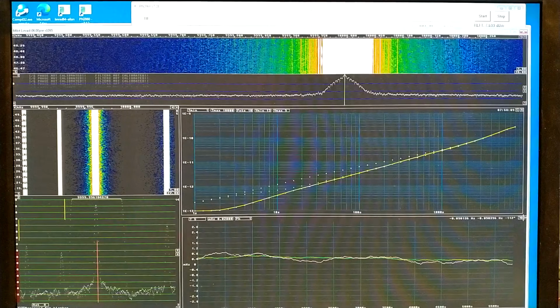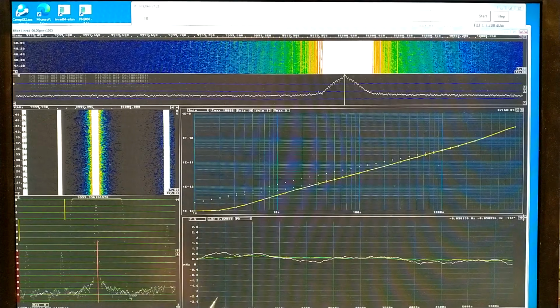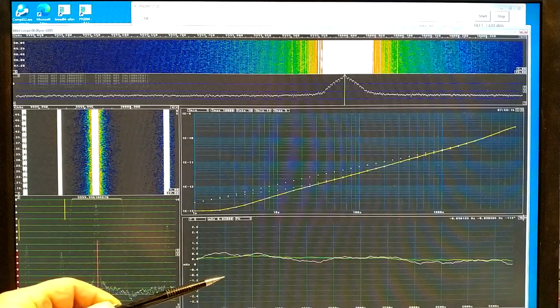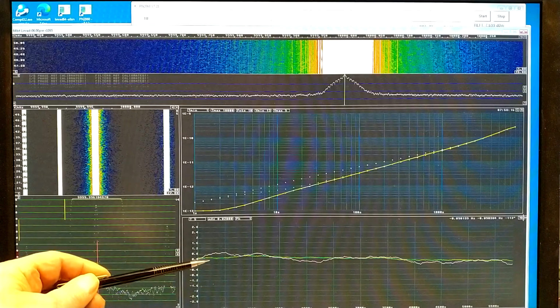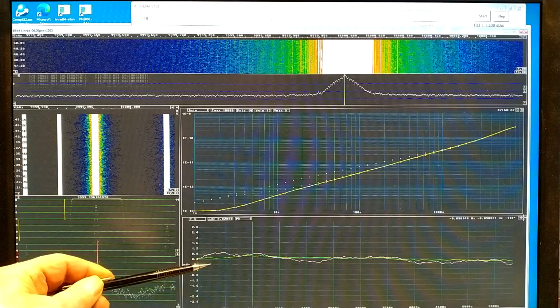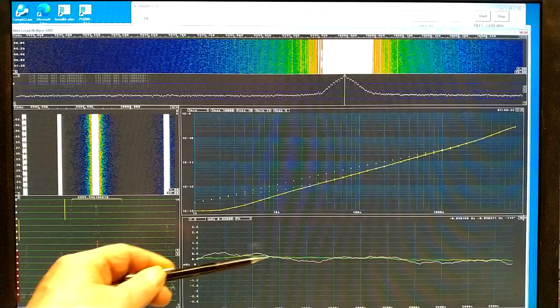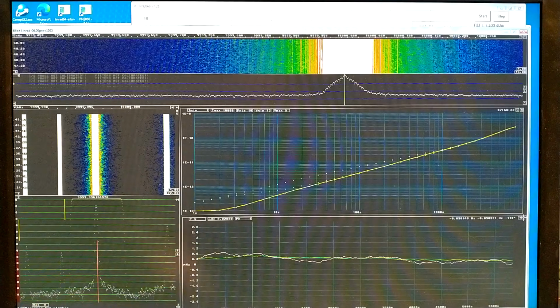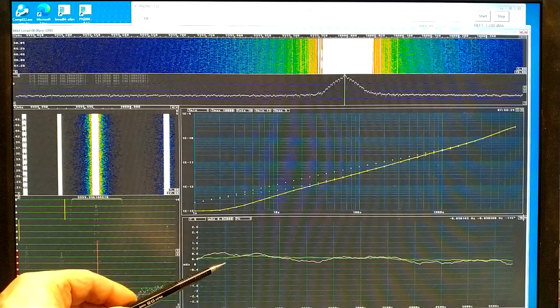Frequency versus time. This is the 0.02 scale setting with 5 seconds per pixel. And you can see the difference between my reference number 1, which is the Wenzel oscillator, the green line, which is fairly flat, and my other oscillator, which is more noisy.